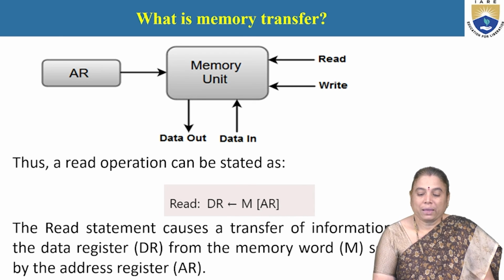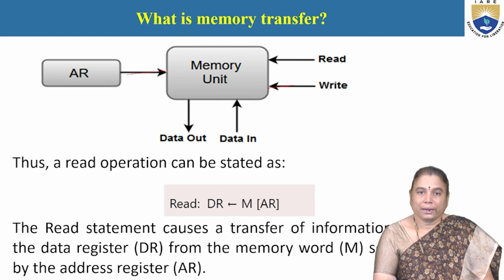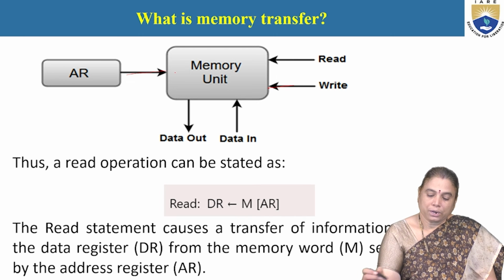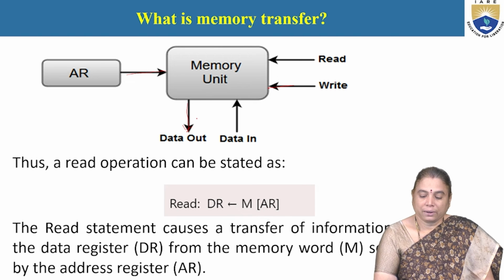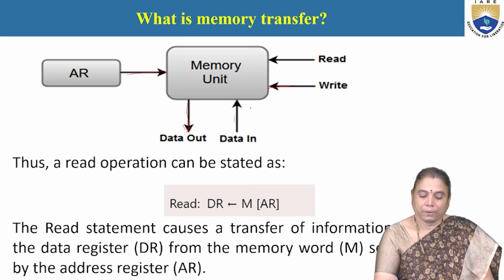So this is the memory unit. Here read and write signals can be there, and AR is the register that is used to locate the memory location or address. Data out is generally referred to as the read operation. Data in is generally referred to as the write operation.